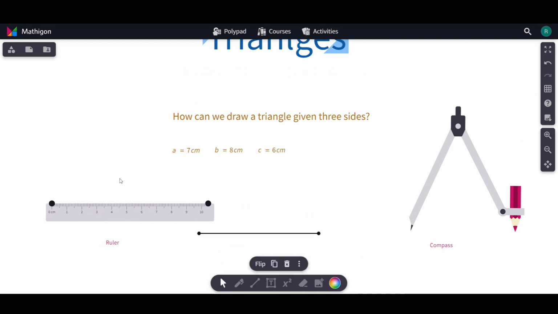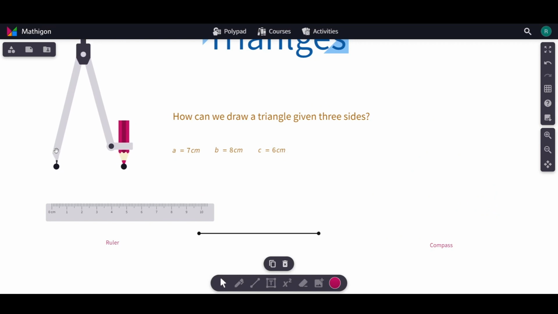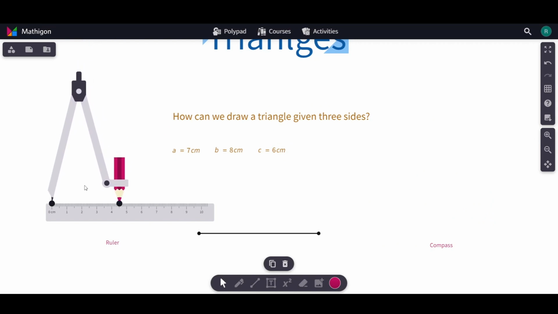So now we have to use our compass. Here you can see we have 7 centimeter, 6 centimeter. We have already drawn the 8 centimeter. To draw this triangle, we have to open the legs of our compass about first 6 centimeter or 7 centimeter. The order doesn't matter.